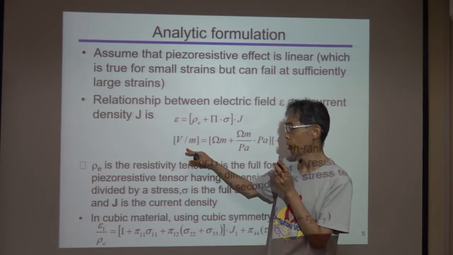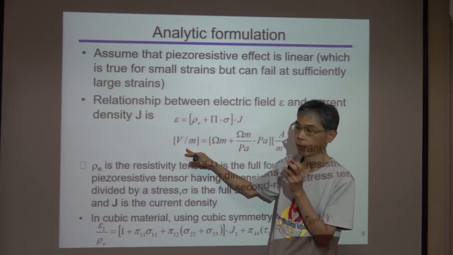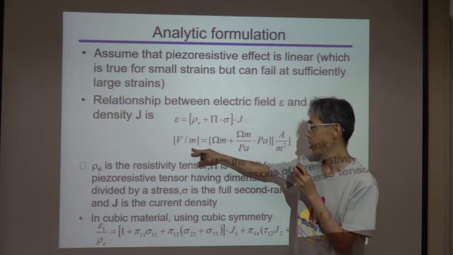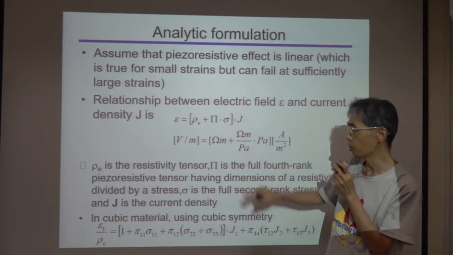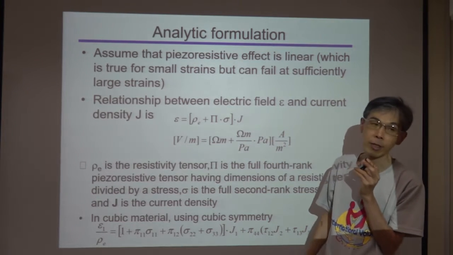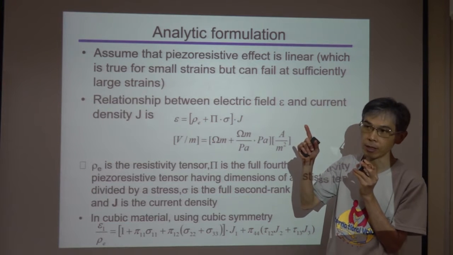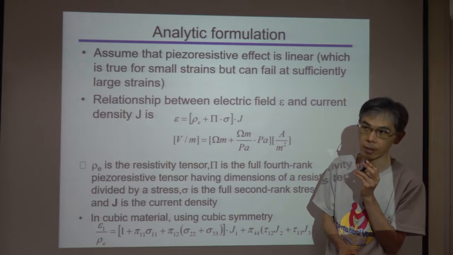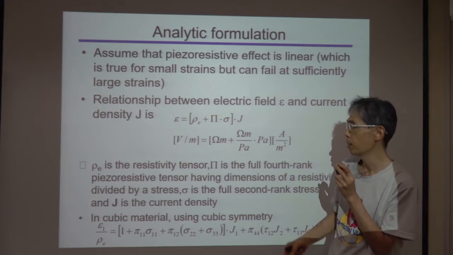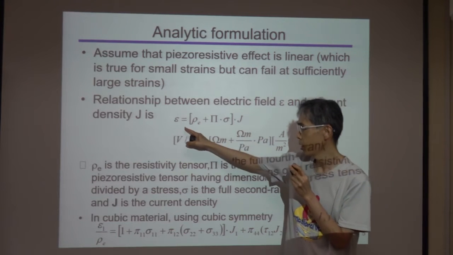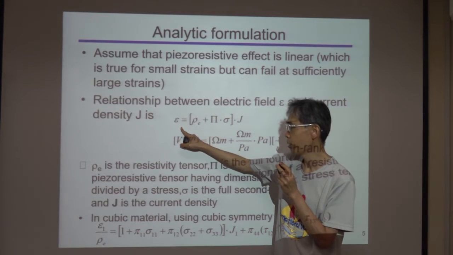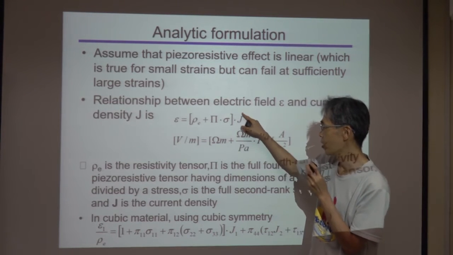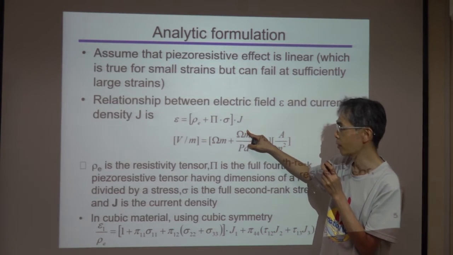So this one should be a vector. So if this one is a vector, then this one is also a vector. Current density in x direction, Jx. Current density in y direction, Jy. Current density in z direction, Jz.